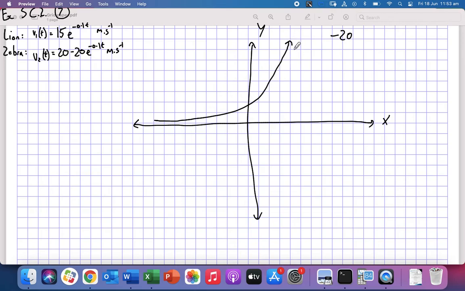The one that I know about is y equals e to the x, but I don't have that. I've got minus 20 e to the minus x, right? So if I considered this, minus e to the minus x, I can get the shape because it matches with this one, right?